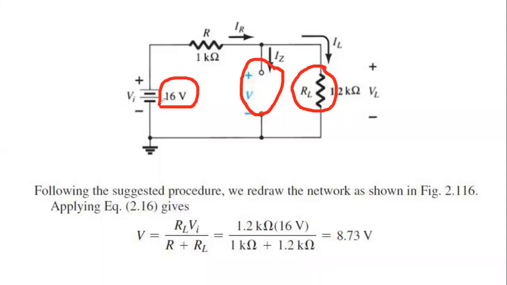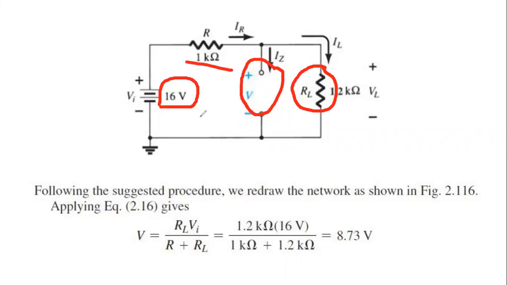We all know that voltage divides across the resistances according to the value of resistance. That is the voltage divider rule. Sometimes we forget that if there is no Zener voltage, there are just two resistances, one is R, one is RL.